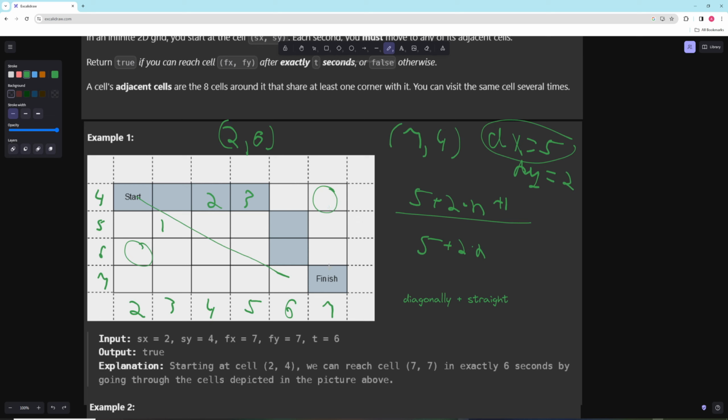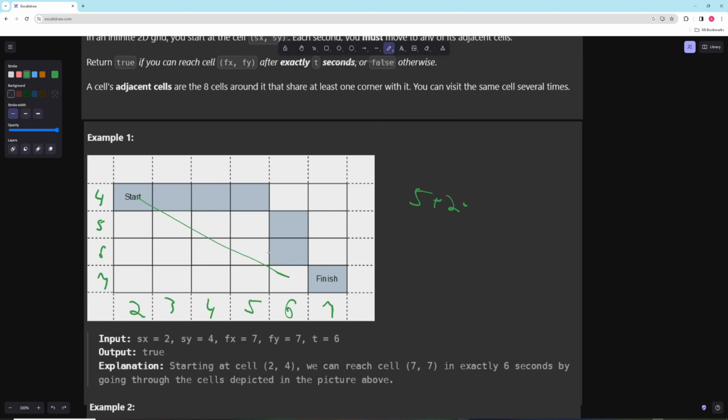Let's try maybe one more just so we can convince ourselves, and then we can be done. So let's say we delete a lot of this. So we have, yeah, there we go, a little bit cleaner. So it's like 4, 5, 6, 7. Let's say we take this starting point, and then let's say we do this point.